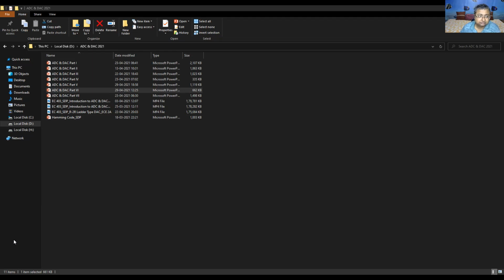So V in also can be written as V in is equal to VR into (T2 minus T1) by T1. From the above equation, it is clear that the unknown analog input voltage is proportional to the time period T2, because VR is the known reference voltage and T1 is the predetermined time period.